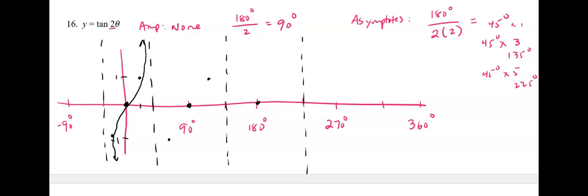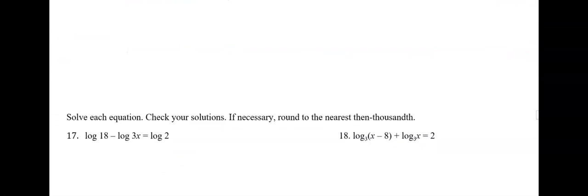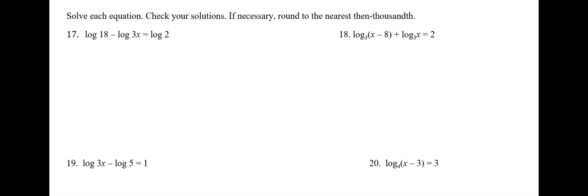Just keep repeating those points all the way across, and you don't really have to keep going. Those 3 will be fine. Okay. Takes care of that, and now we get into some review.